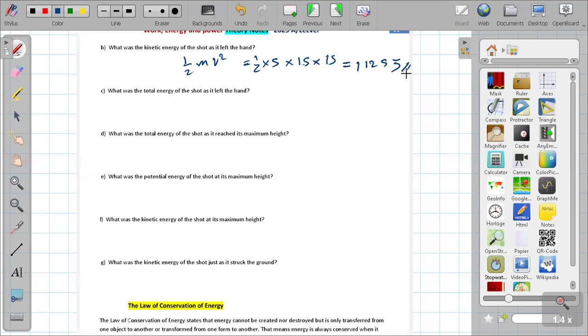Am I correct or wrong? Oh no, I have to divide it again by 2, no? Again divide by 2, because this factor I forgot. It is like 562.5. Is that the answer?